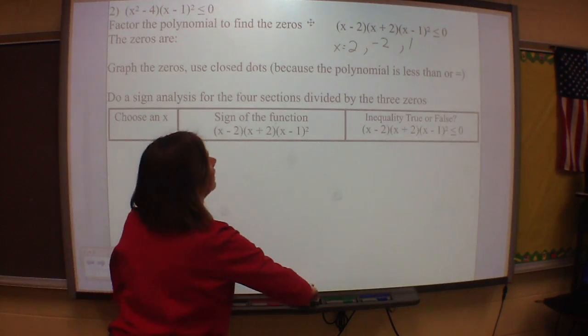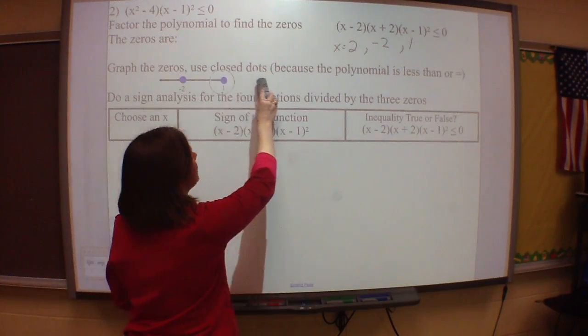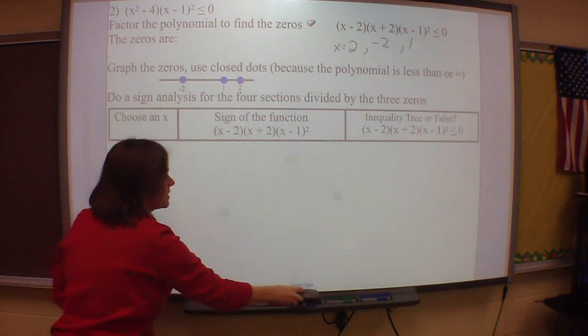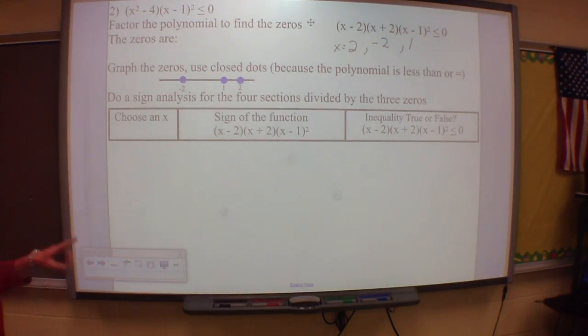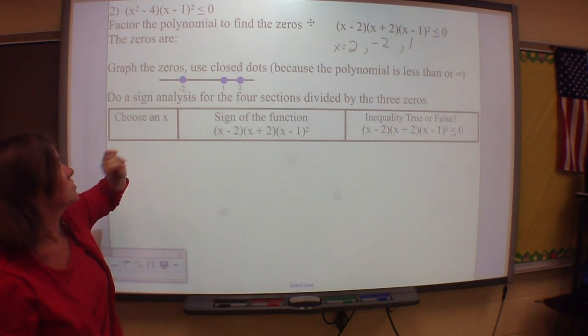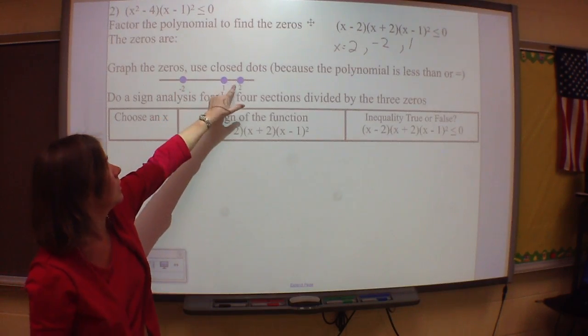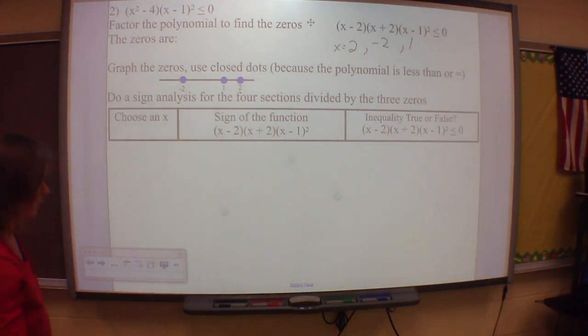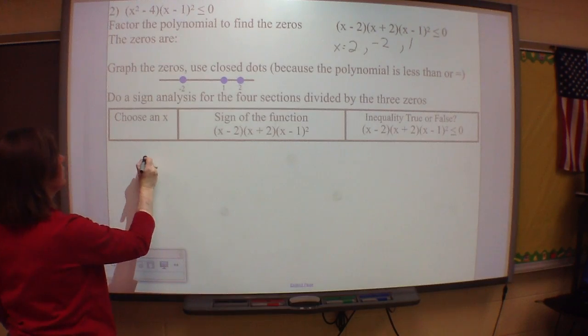Again, number line. Now it's less than or equal to, so they are solid circles at negative 2, 1, and 2. Now let's choose something from negative infinity to negative 2 and see if it's true. Then negative 2 to 1, 1 to 2, and 2 to infinity. So let's say negative 3.